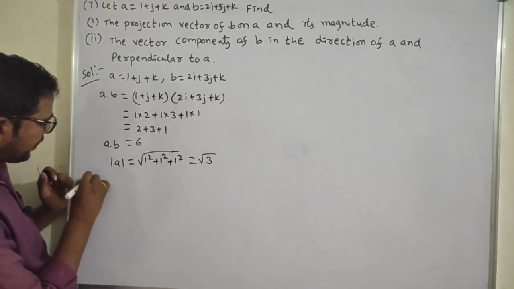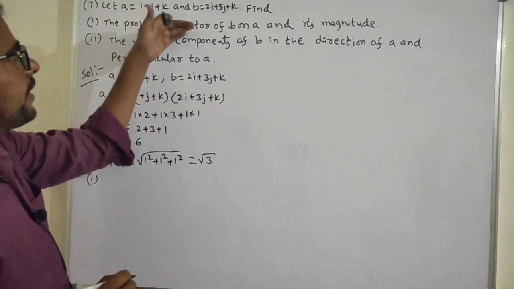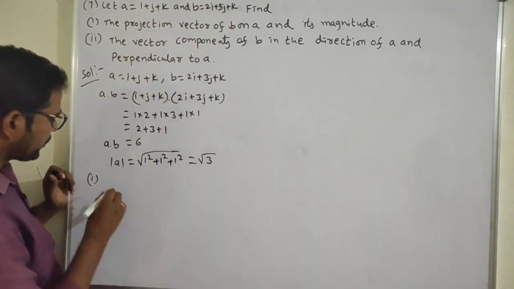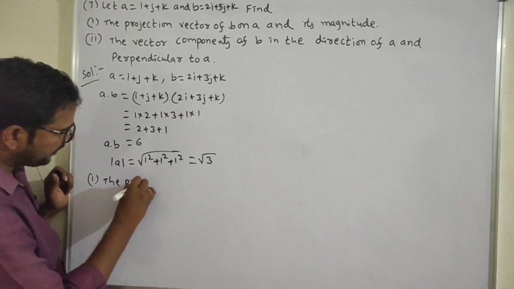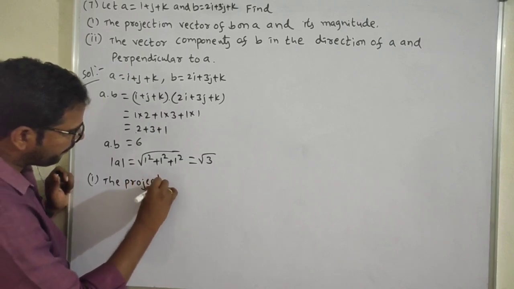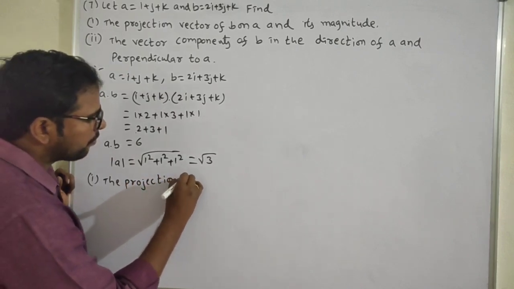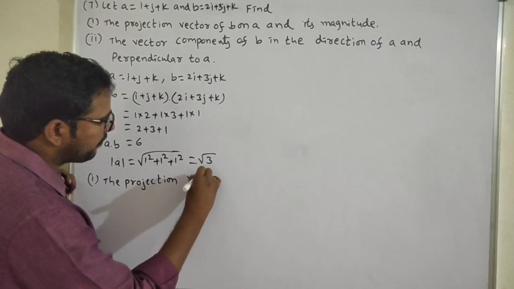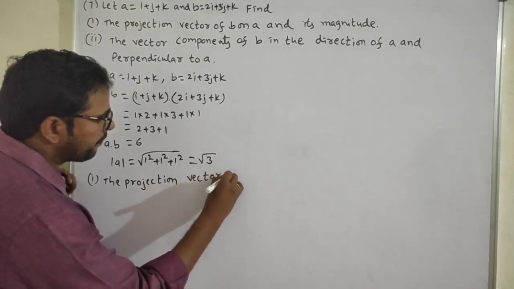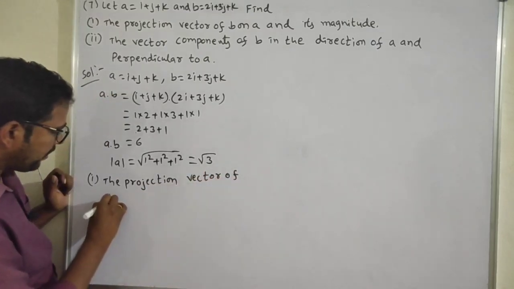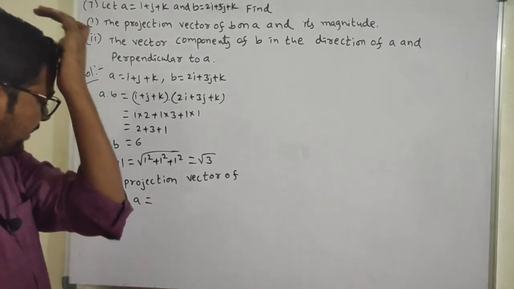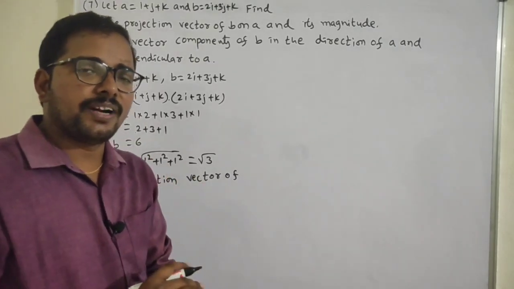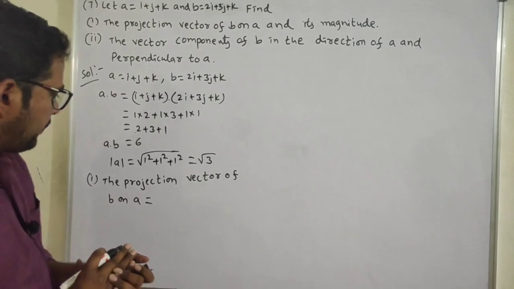What do we have to find first? The projection vector of B on A. We already know from the previous class, part 1, what the projection vector is.